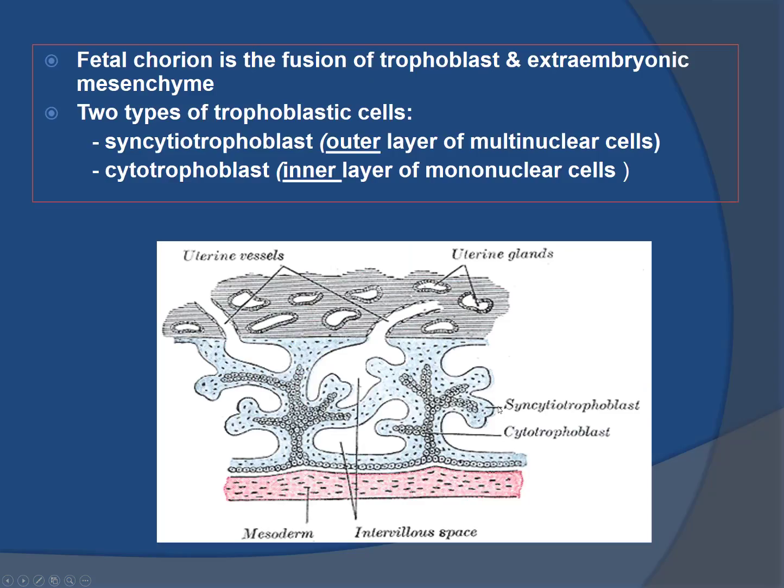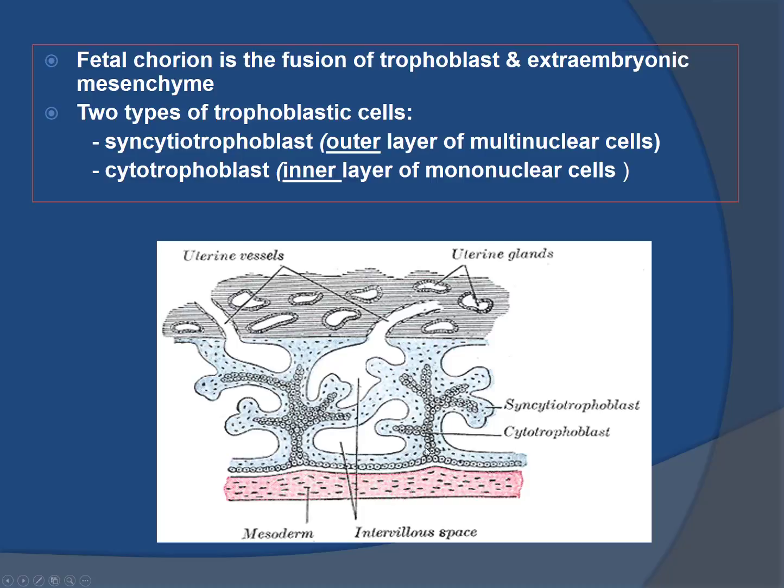This is a detailed picture of the fetal chorion. You can see that the fetal chorion is the fusion of the trophoblast and extra-embryonic mesenchyme. So this is the fetal chorion, and this one is the extra-embryonic mesoderm or mesenchyme. The fetal chorion has two types of trophoblastic cells.